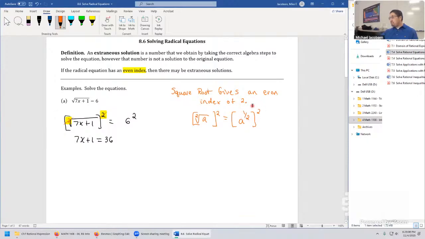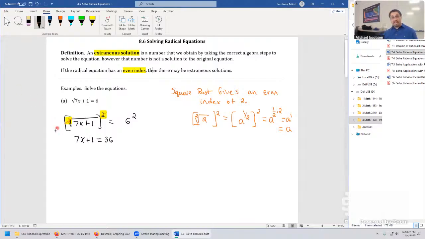These exponents just multiply, so this becomes a to the power of 1/2 times 2, but that's just a power of 1, resulting in a. 7x plus 1 is the a in this problem, and so raising the square root to the power of 2 just completely nullifies, cancels off that square root. But it also means we might get an extraneous solution, so we'll have to watch out for that.